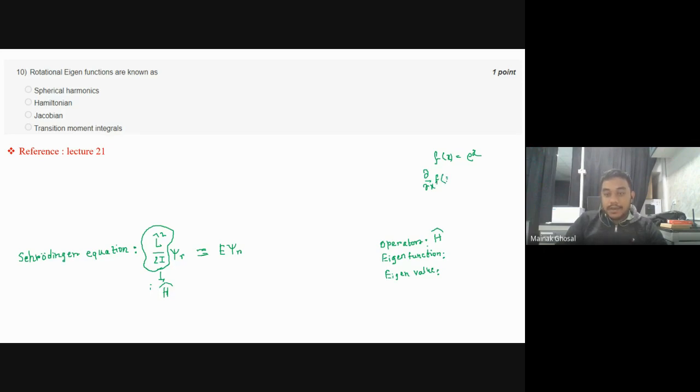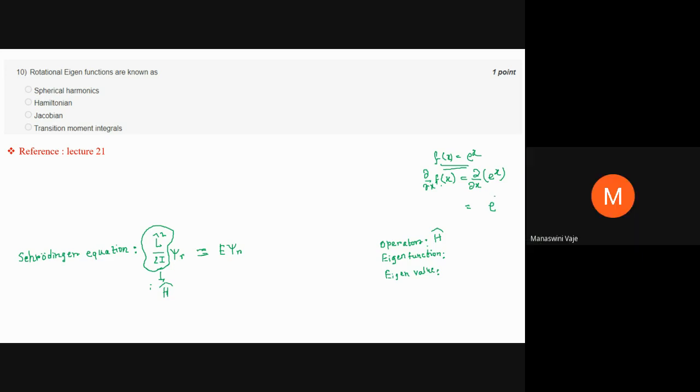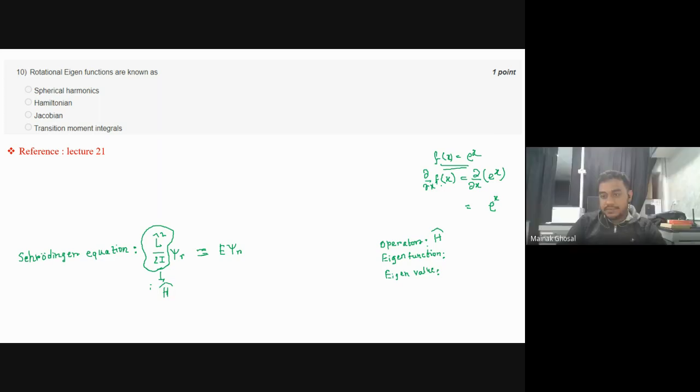So suppose I have this function f(x) equals e to the power x. Now this is my operator. I am operating it. So del x of f(x) will give you del by del x of e to the power x. So what will be the derivative of e to the power x?